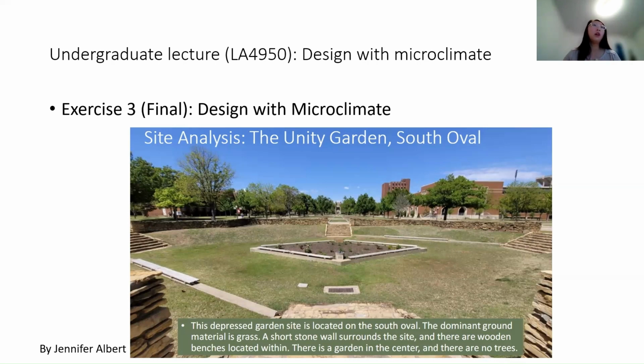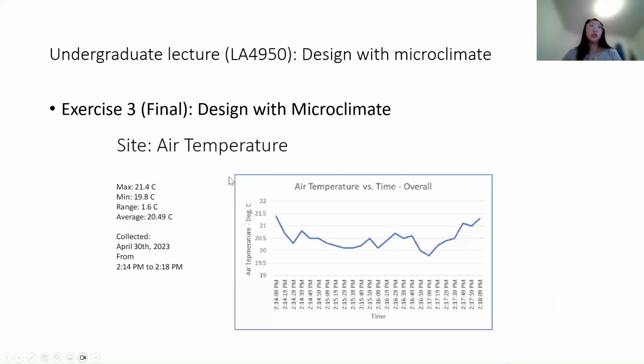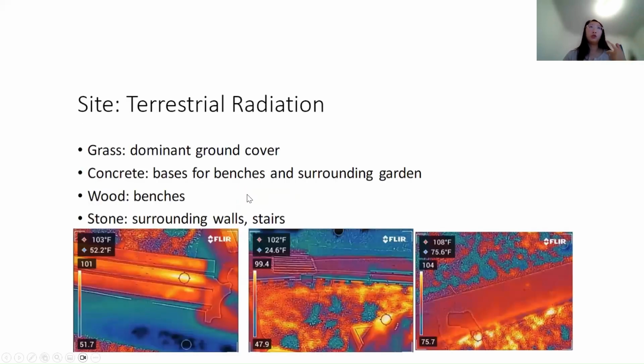For example, she picked a site within the campus, a sunken garden in the oval area at the University of Oklahoma. And then she started to measure some basic components: air temperature, relative humidity, and also terrestrial radiation.